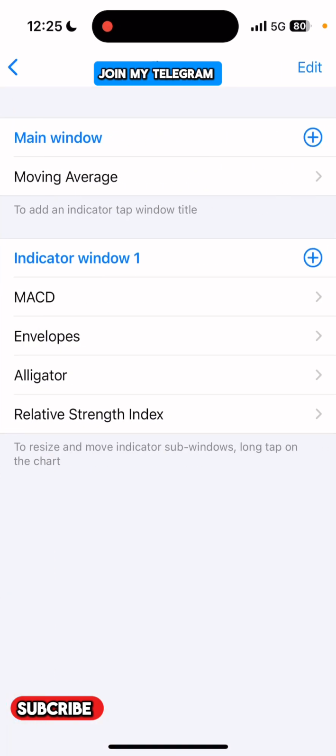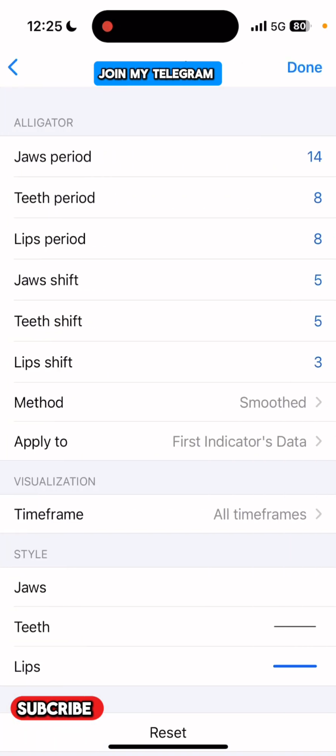All right, then we have the alligator right here. For jaws period, you put on 14, teeth period 8, lips period 8. Jaws shift, you put that on 5, teeth shift 5, lips shift 3.